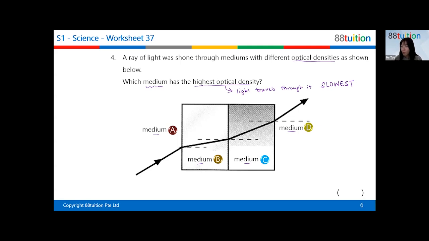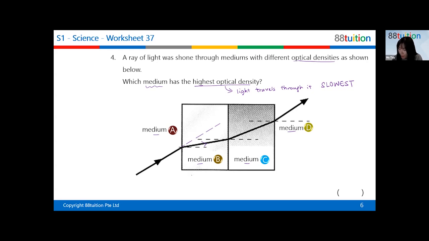So if you are going to find out which medium will have the highest optical density, you see, from this medium, light is usually just traveling at a certain speed. So this would have been its original path. When light entered this medium, it seemed to bend towards the normal. Yes or no?